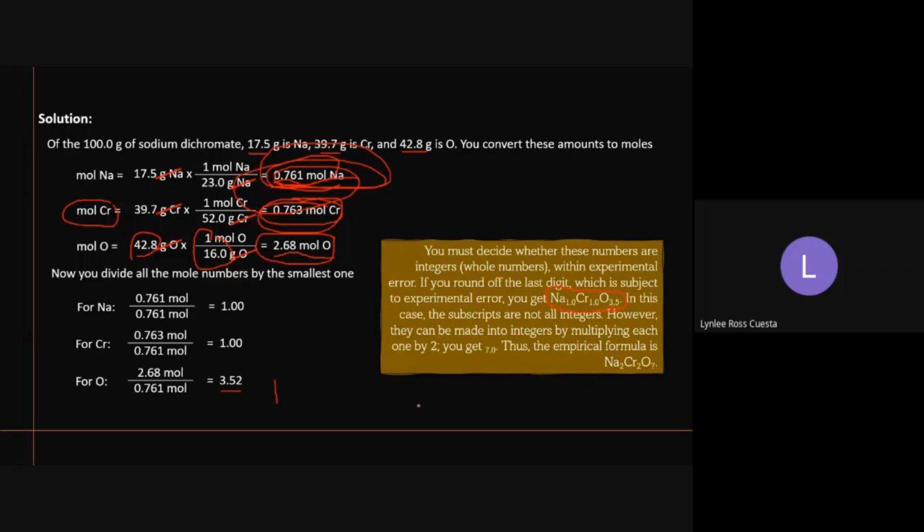So in order for it to become an integer, you simply multiply this by 2, and then your 3.5 will become 7. So it's now an integer. So your empirical formula now is Na2Cr2O7. So this is now your empirical formula.